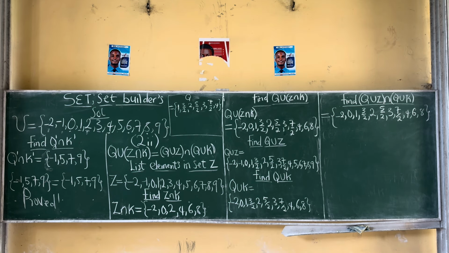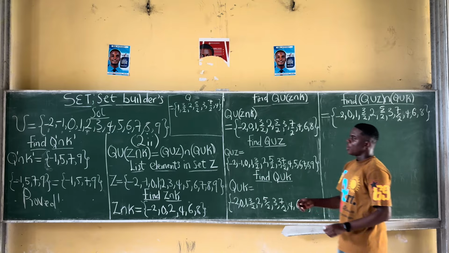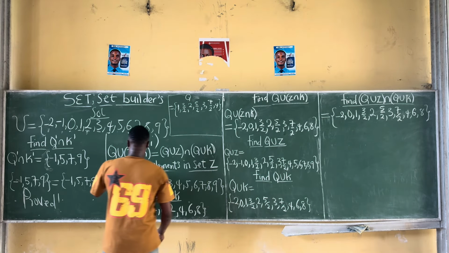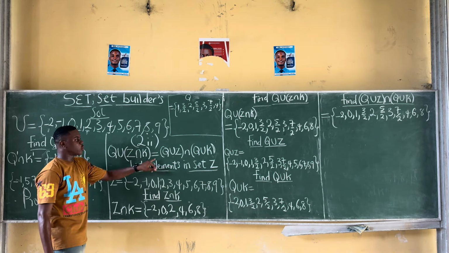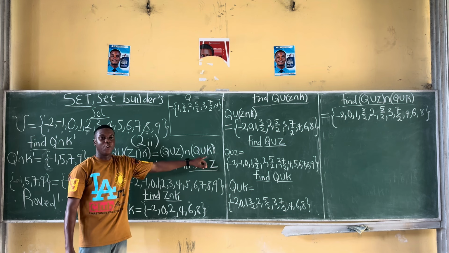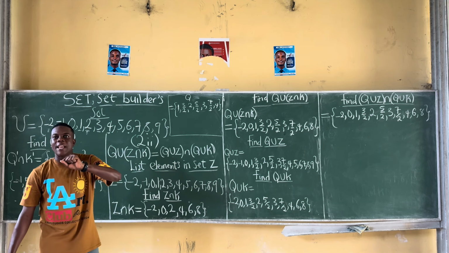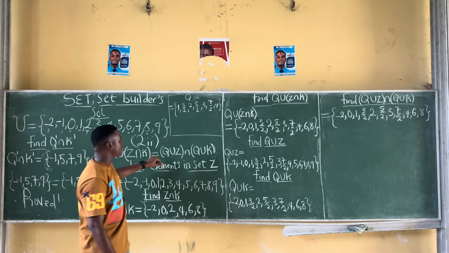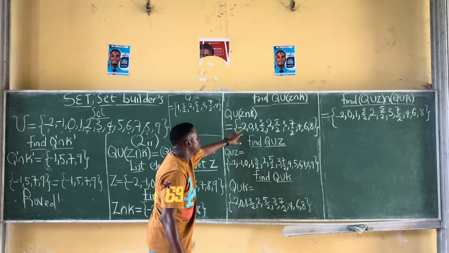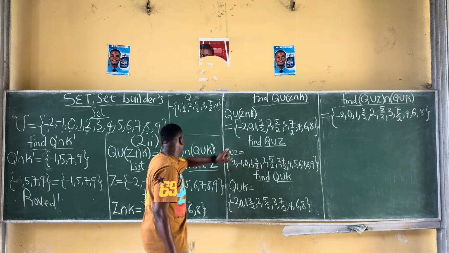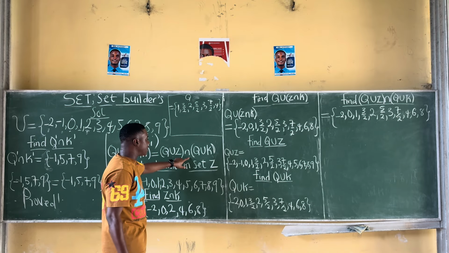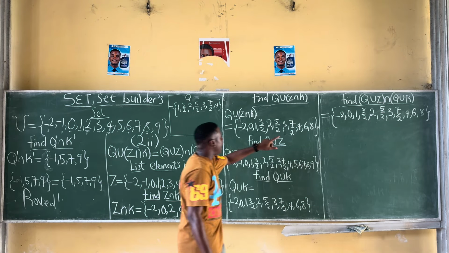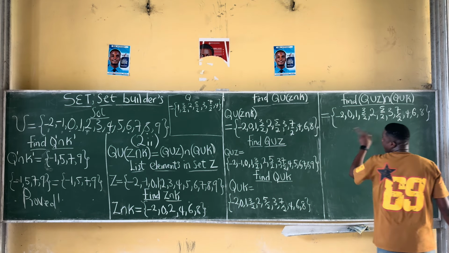Now, what does the question say? Show that Q union Z intersection K is equal to Q union Z intersection Q union K. So let us see if they are the same. Q union Z intersection K gave us this, right? Now let's relate it to Q union Z intersection Q union K. Are they the same? Yes.